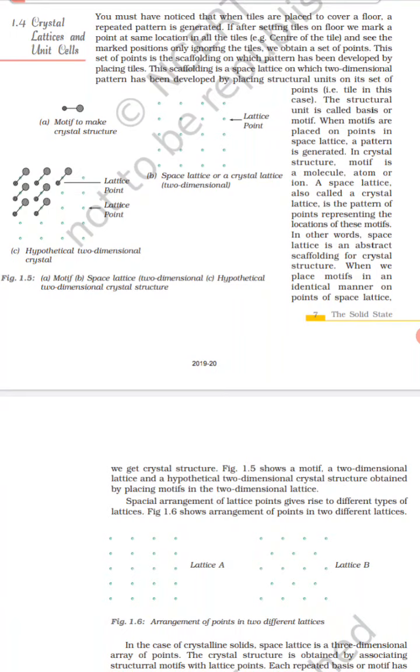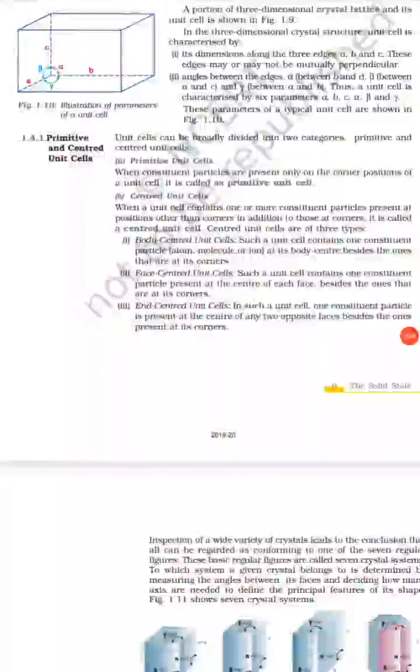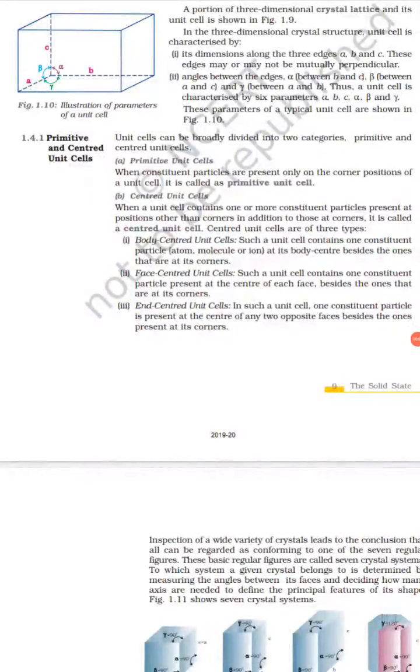So, a space lattice can be defined as an array of points showing how molecules, atoms, or ions are arranged at different sites in the three-dimensional space.